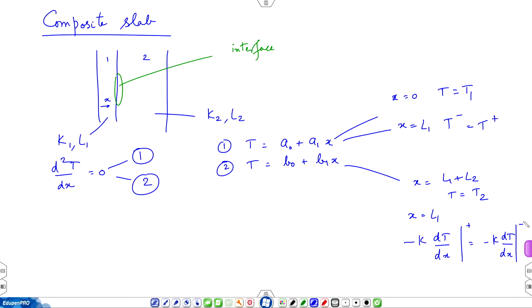So, the solution is this. You can evaluate dT/dx, which is just A1 if you are in region 1 and B1 if you are in region 2. Okay, those can be substituted. So, you will have a system of 4 equations for A0, A1, B0, B1 and these can be found.